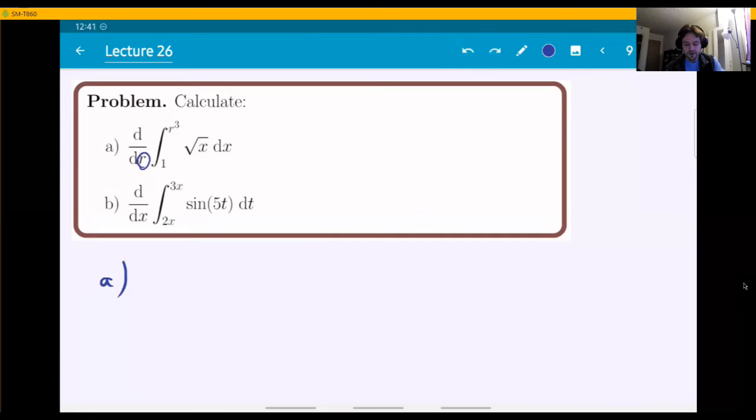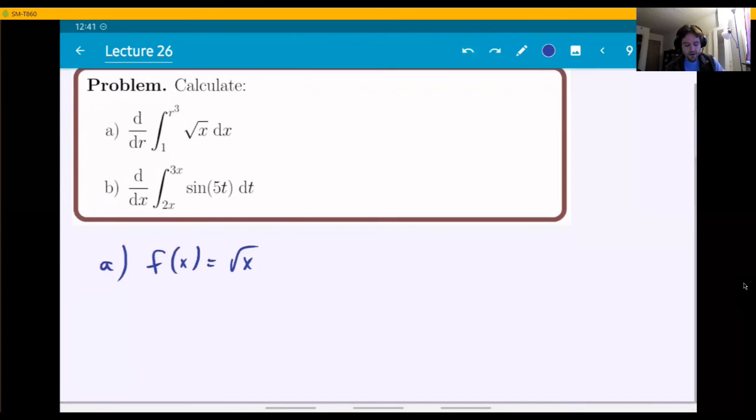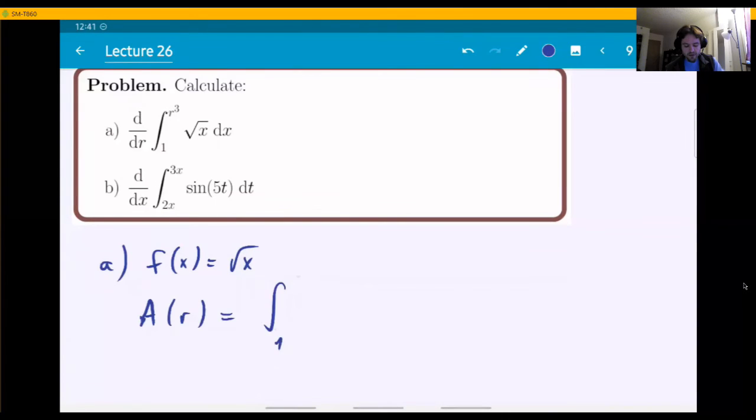These are just variable names, all right? But what is going on here? We have the function f of x equals root x, the function being integrated. And the area function of that as a function of some variable r, that would have been the integral from 1 to r. This is an area function, right? You just go up to that same variable.